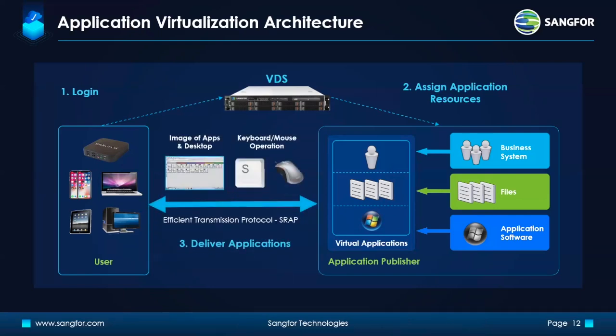And then the image of the desktop is shown, and the keyboard and mouse are used from the remote side. Then for efficiency, we have our own protocol, SRAP, to encrypt and enhance the communication between the end user and your workstation like VDI, delivering the application in a secure and efficient manner.